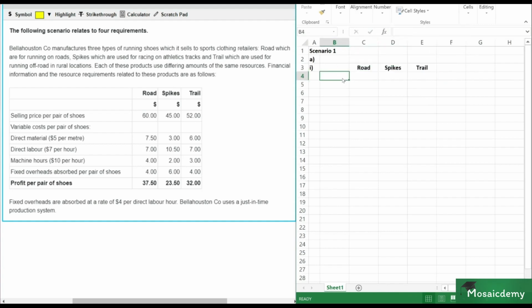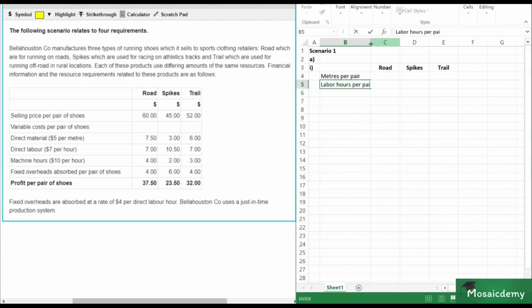Okay, so first we need to find the meters per pair for materials. In this case we should be more specific with our wording. We'll have the labor hours per pair and we'll have the machine hours per pair.